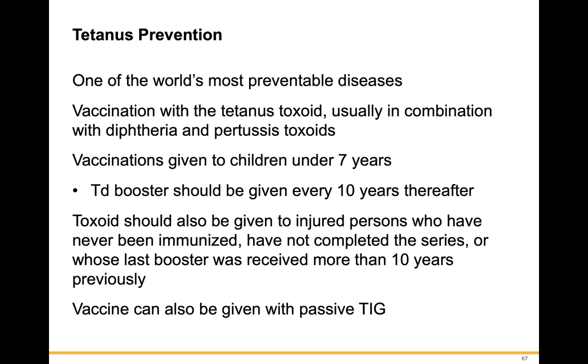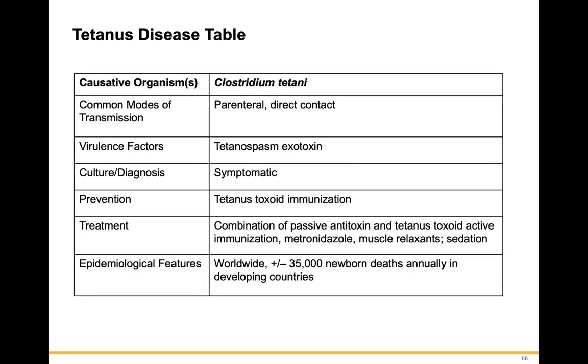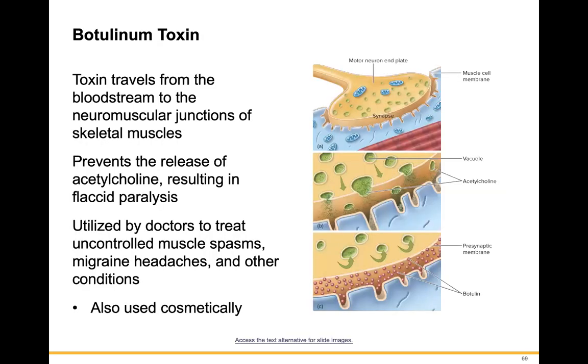The toxoid should also be given to injured persons who have never been immunized, have not completed the series, or have had a booster that's older than 10 years. Some places will even go older than 7 years. The vaccine can also be given with passive antibody treatment. And here is the table for tetanus.